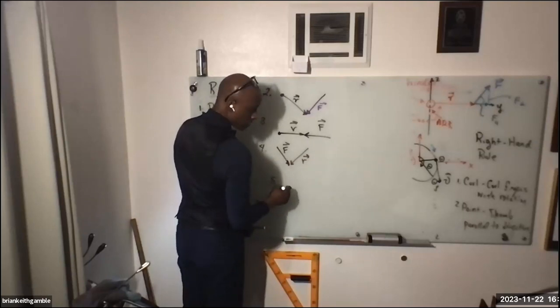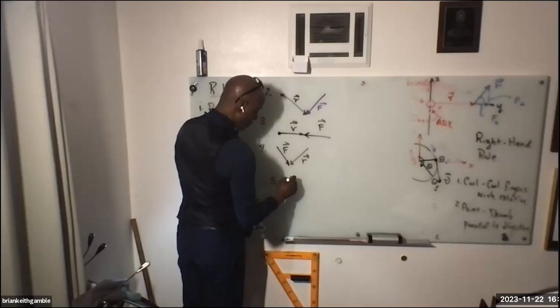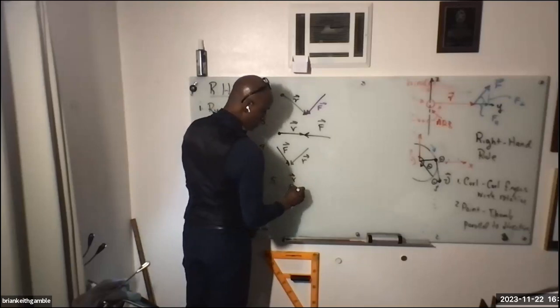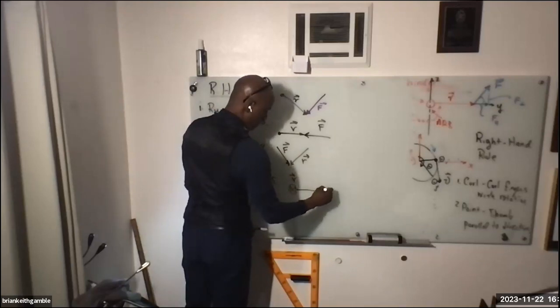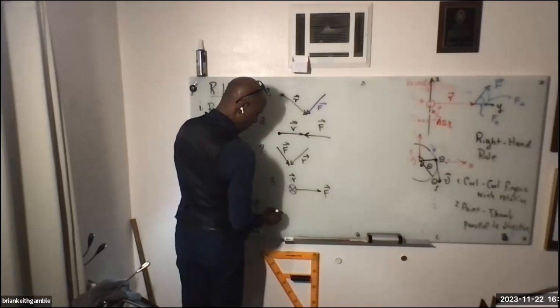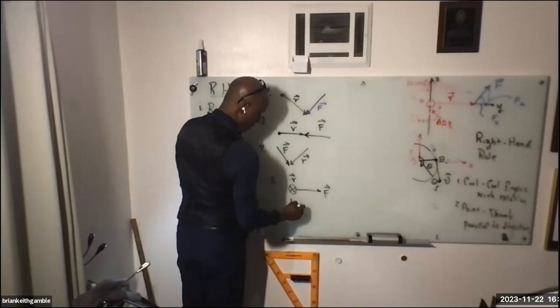And so here R is into the board, and F is straight out like that. And 6. So now R is straight down, and F is out of the board.